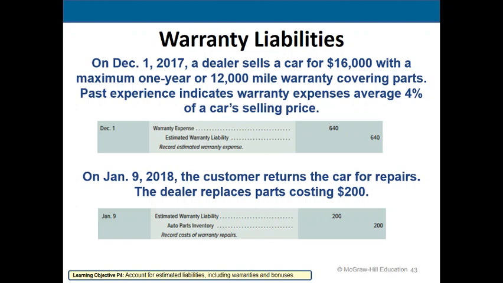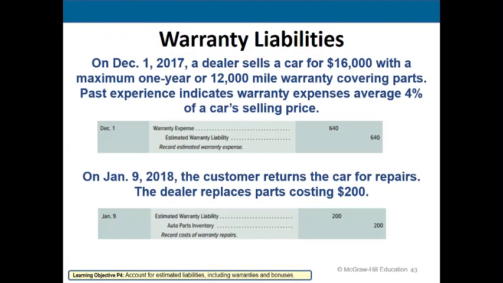They're simply going to do the work, and back out the amount of the work done out of the estimated liability account. So debit estimated warranty liability, and if it's parts, they're going to credit auto parts inventory. And they don't even book the service amount.